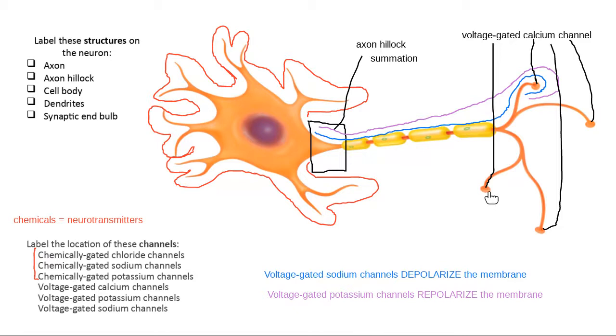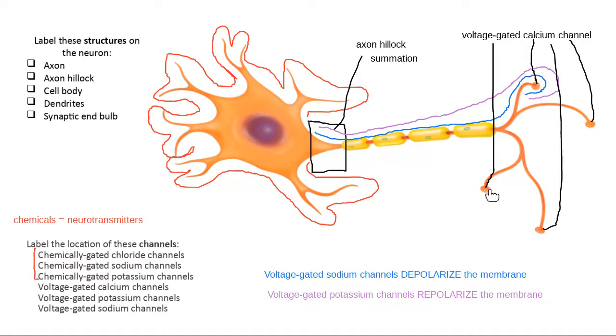So here's a thought with calcium, by the way. The only job of calcium is to help me spit out neurotransmitters. So the only place I'm going to have a calcium channel is the one place on my neuron where I spit out neurotransmitters, which is down here at the end, at the axon terminals.